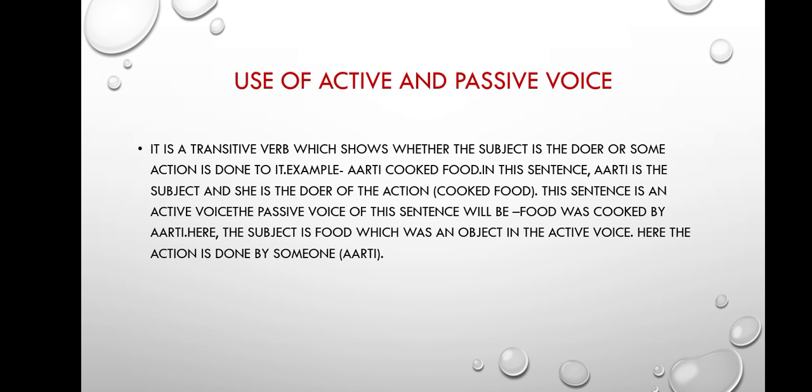Here food is the subject which is singular, so we will take was. Food was cooked by Aarti. In passive voice, we always use verb third form, the past participle form of the verb. Here, the subject is food, which was an object in the active voice. Here, the action is done by someone, Aarti.